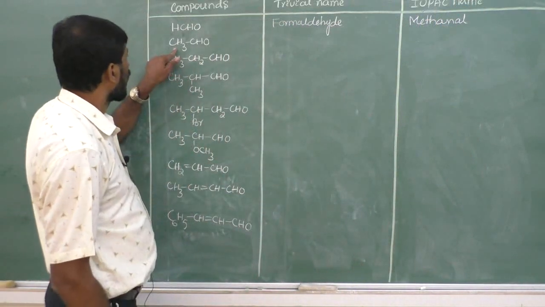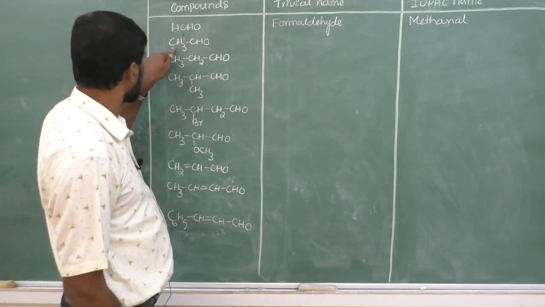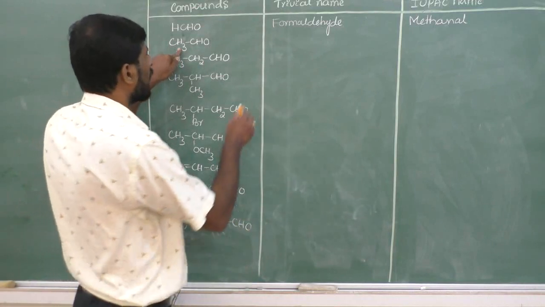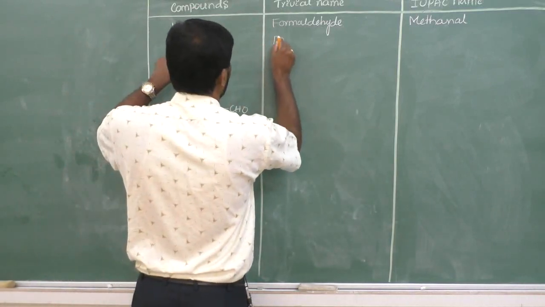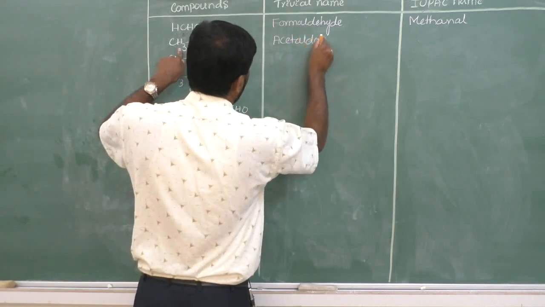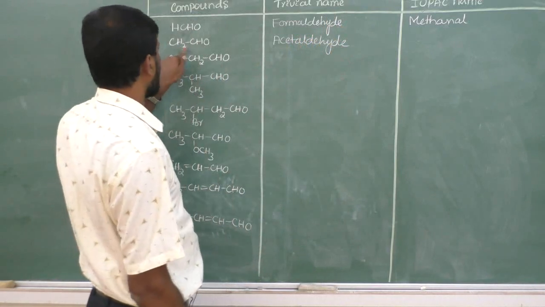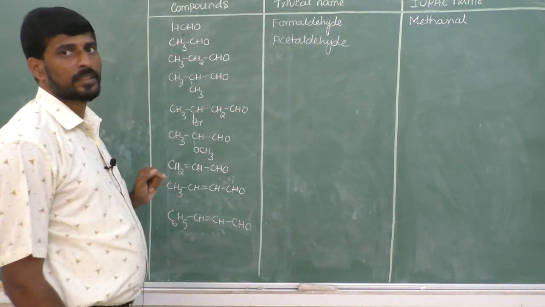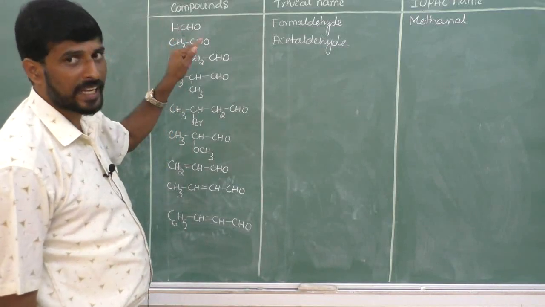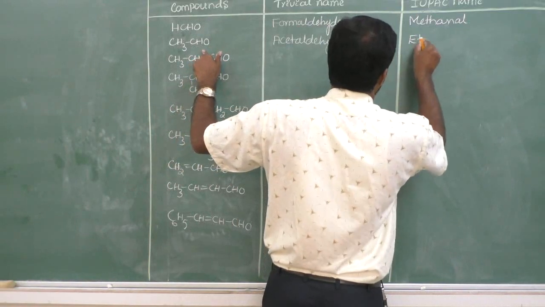Now, the corresponding carboxylic acid is acetic acid, hence it is acetaldehyde. Two carbon atoms are present. Therefore, the corresponding alkane is ethane. The last e is replaced with al, hence the name ethanal.